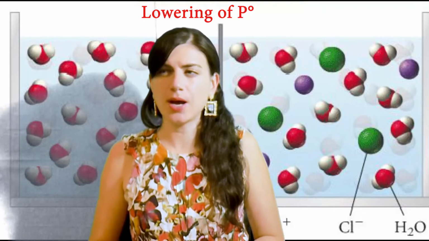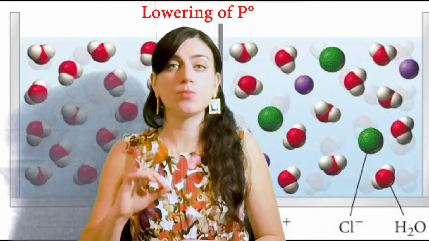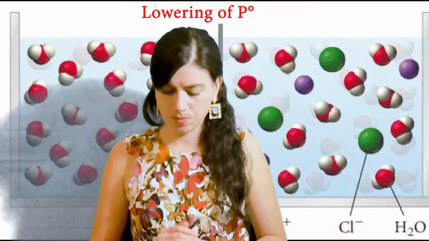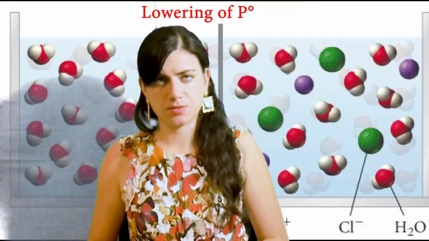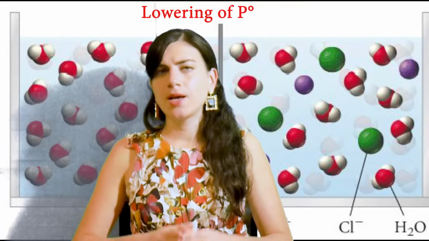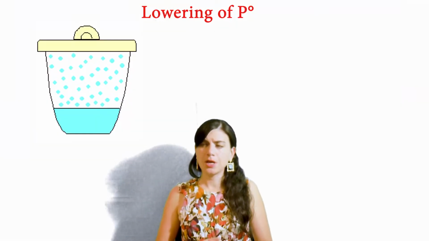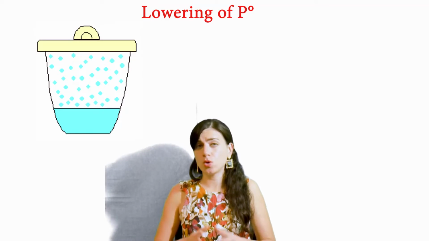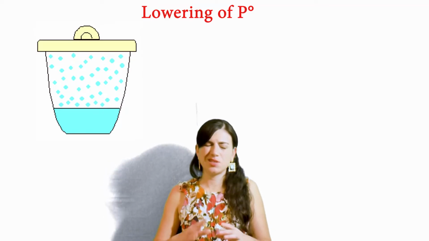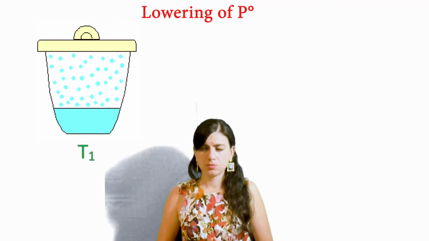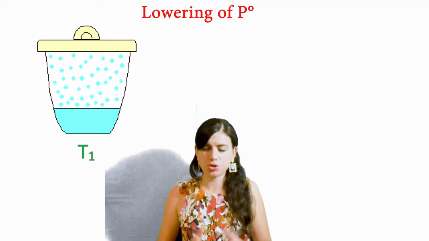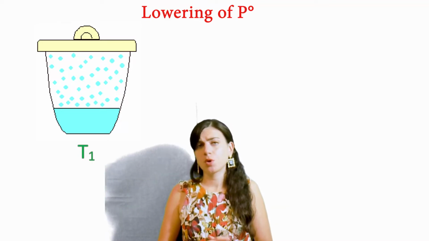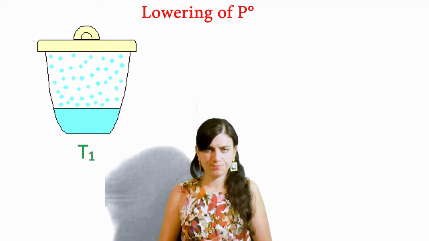Now, what happens if we add a solid in our pure solvent? This vapor pressure decreases. Let's do an example. If I have pure water, the vapor pressure of pure water at T1 temperature, can be room temperature, whatever, will be P1.